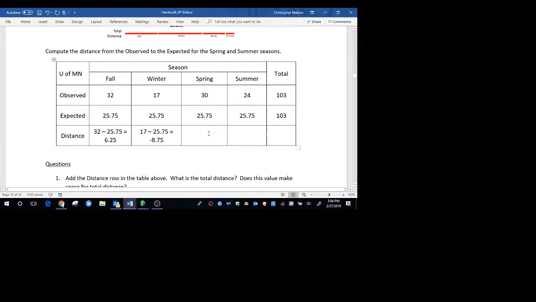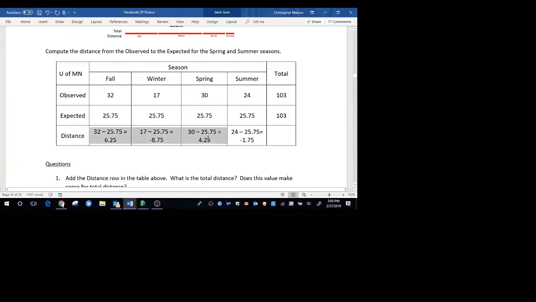So we take the observed value for fall, 32 minus the 25.75, I get 6.25. 17 minus the 25.75, and I end up with negative 8.75. On these others, I'm going to take 30 minus 25.75, which gives 4.25. And then finally, 24 minus 25.75, and I end up with negative 1.75.